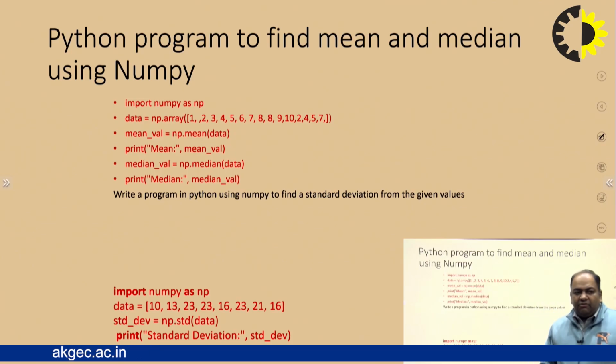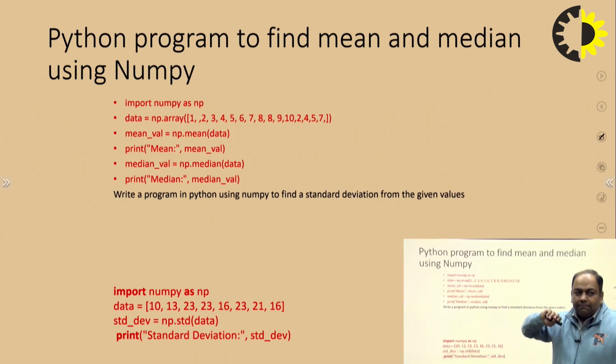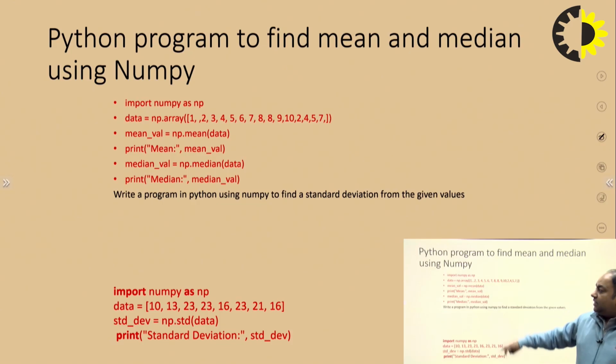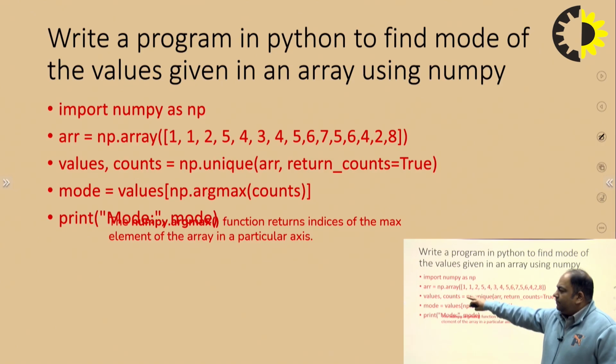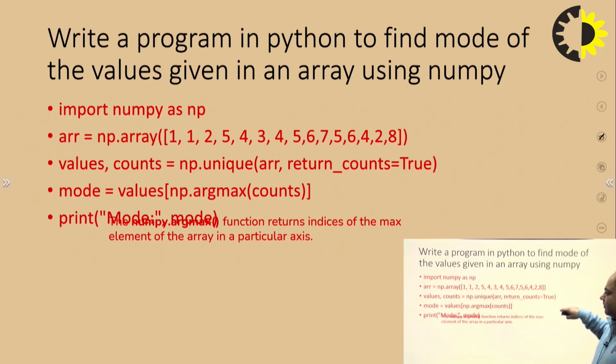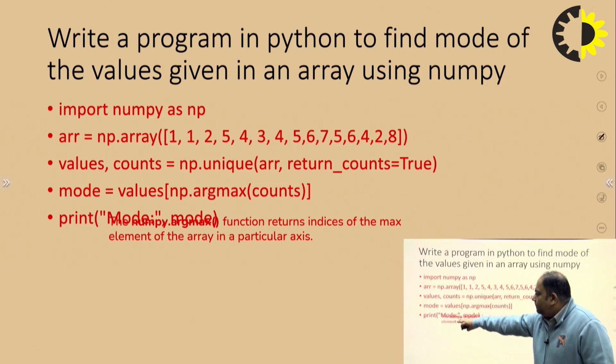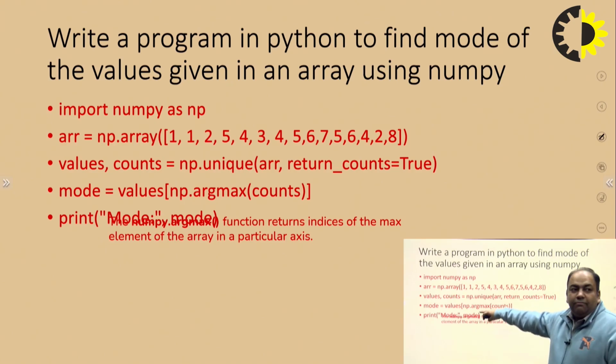In the same way, if we want to print the median of this array, we give np.median(data) and a print statement for median_val. For standard deviation, we give np.std(data). These are the simple ways of finding the mean, median and standard deviation using NumPy. Now what if we want to find the mode of the given values? We give an array, then we count its values, and then mode is equal to argmax of counts.